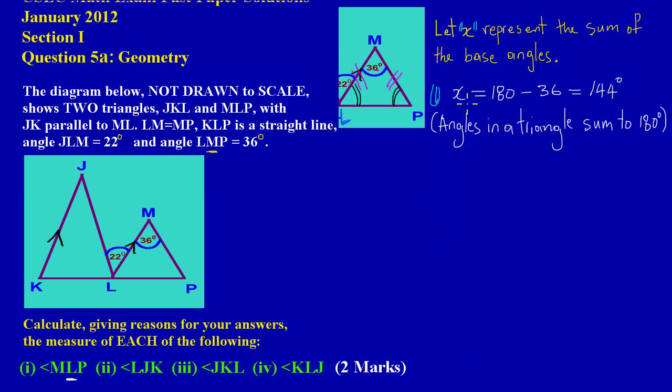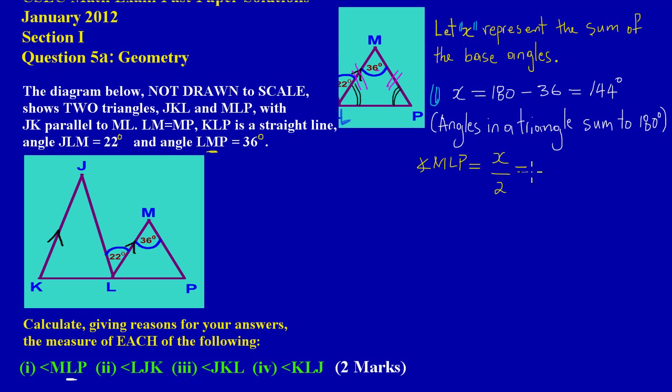So my friends, having the value of x, which is the sum of the base angles, meaning this angle plus this angle, given the fact that it's an isosceles triangle and these two angles are equal, I can say then the angle MLP is equal to the sum of the base angles, which is x, divided by 2.